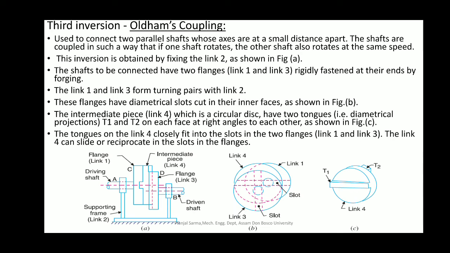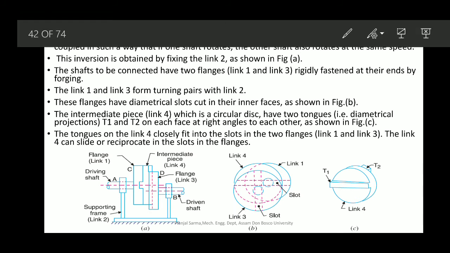So basically, these Oldham's couplings are used to connect two parallel shafts whose axes are actually at a small distance apart. They have certain eccentricity. Okay, so basically two shafts, if we are talking about this particular shaft and this particular shaft, which have some eccentricity between them.